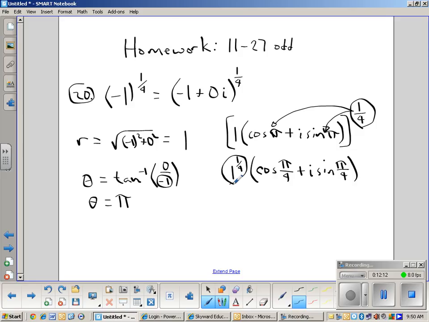What's the cosine of pi over 4? It's a 45-degree angle, so what's cosine of that? Square root 2 over 2.